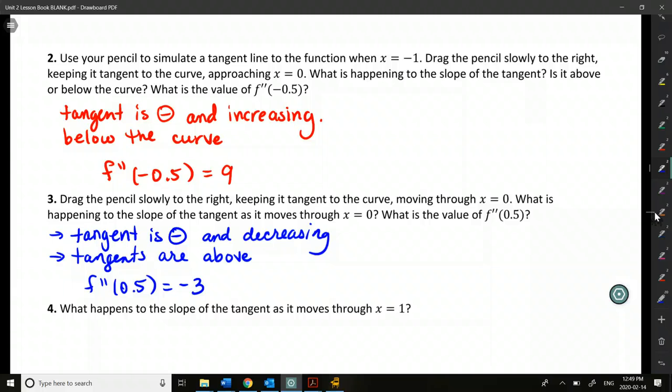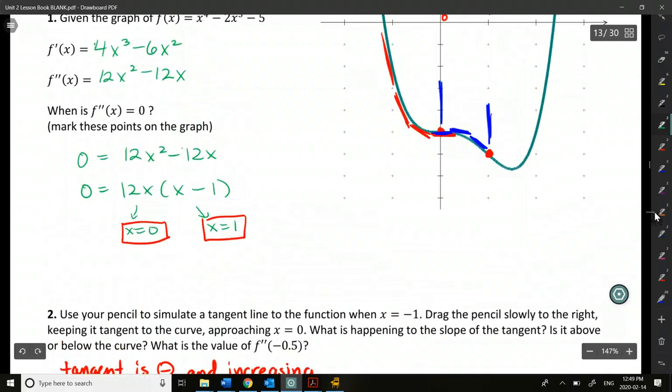Okay, and then what happens to the slope of the tangent as it moves through x equals 1 and forward from there? So I'll do this one in green. So here's x equals 1, we have a slope of our tangent, and then Grayson, what's happening here? Positive tangent x. So it's kind of like negative in this little section here, but it is increasing.